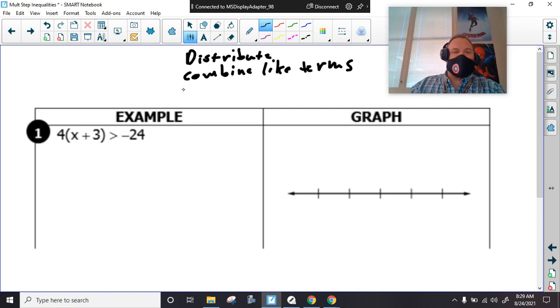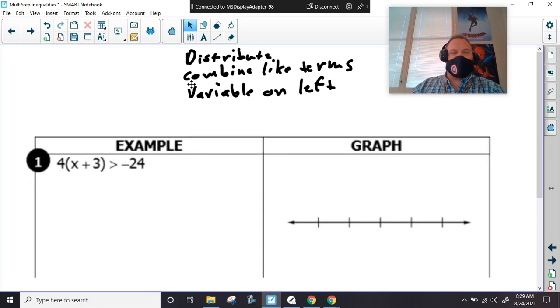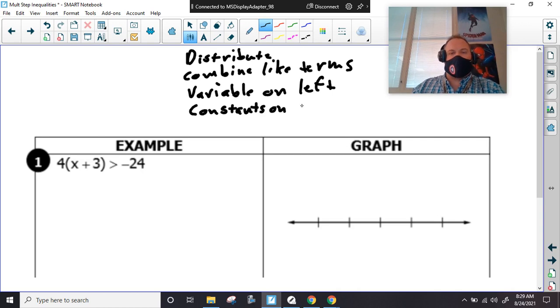We usually want our variables on the left, constants on the right. Let me move this down. And then we're going to multiply or divide, so we get that coefficient of 1.